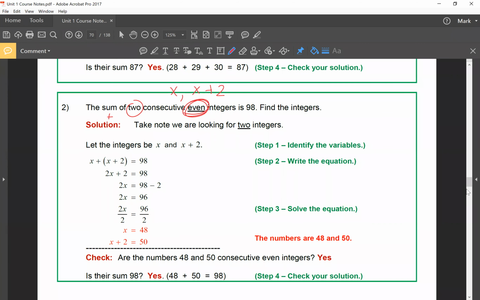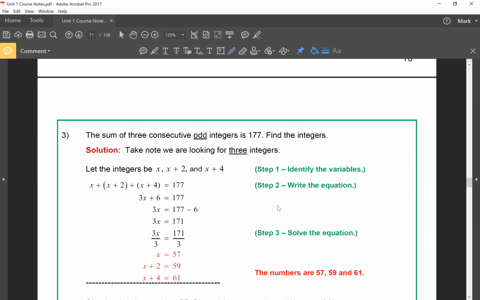The sum of these numbers is 98, and then I solve. All right, same as normal. I'm going through the solving quickly, assuming you guys know how to do this. We did this last week. The challenge for you guys is setting up the question, which again, I'm going to show you in a second.